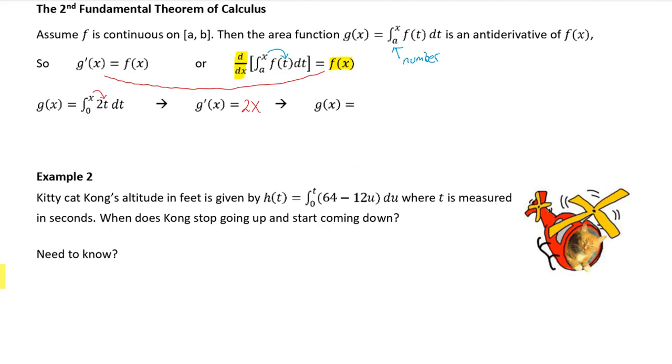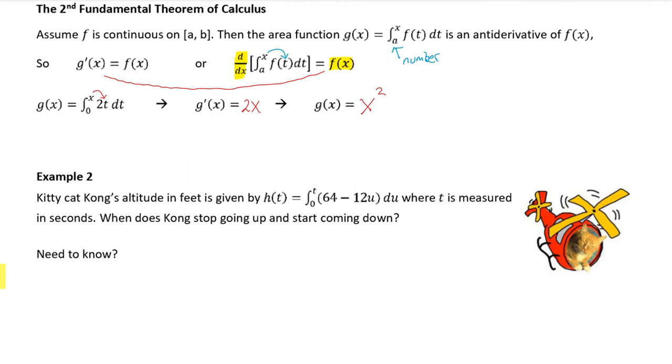Right now, g of x is defined as an integral from 0 to x of 2t dt. So if I find the derivative is equal to 2x, which means the original function g of x had to be the function x squared, because x squared is the antiderivative of 2x.